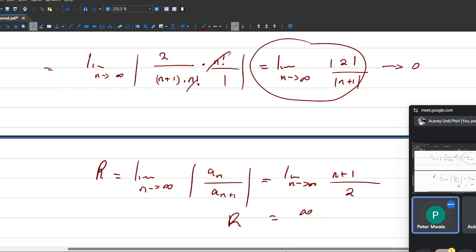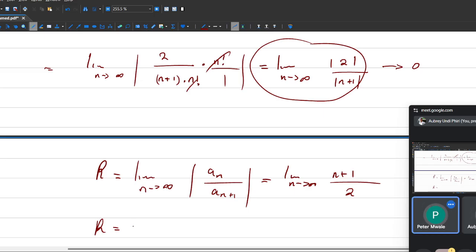So basically, you can use the ratio test and the root test to find the radius of convergence as well. In case the question says test the convergence, and if it converges, find the radius of convergence, you just take the inverse of the root test or the inverse of the ratio test.